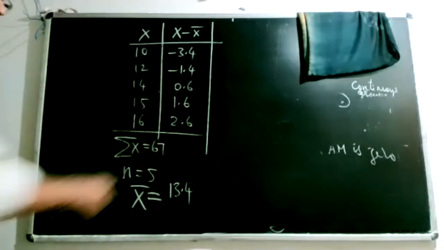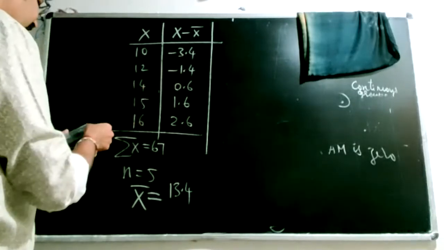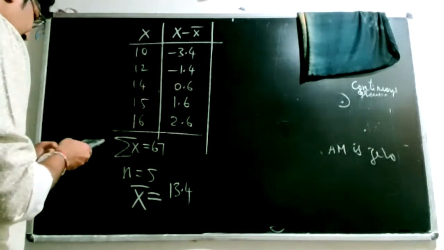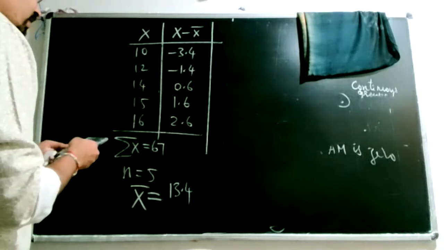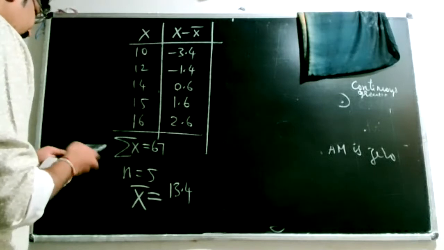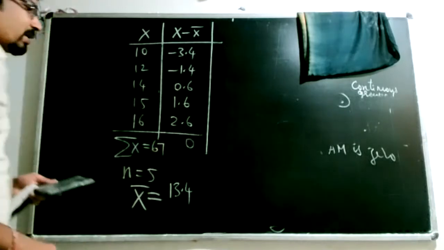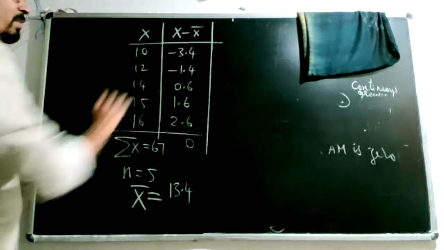If you add them, you have minus 3.4 minus 1.4, so that gets to minus 4.8, plus 0.6 plus 1.6 plus 2.6 produces 0. So this happens only if you take the deviations from x bar.